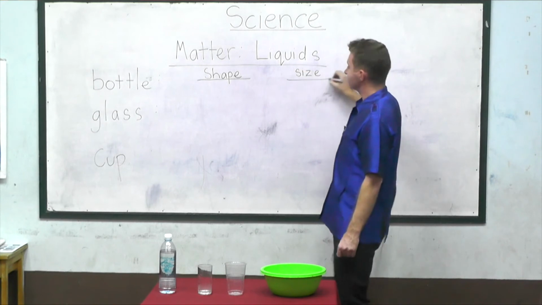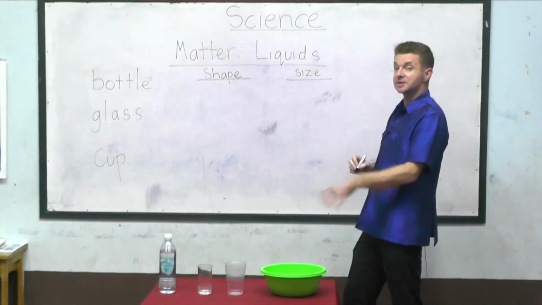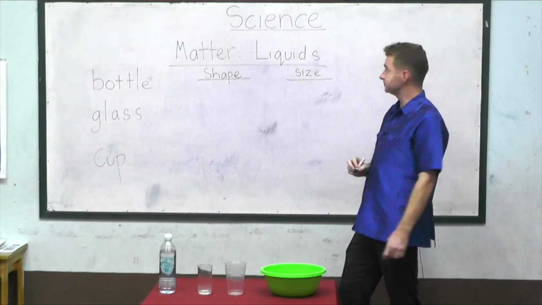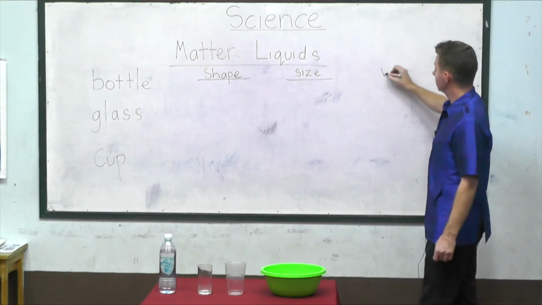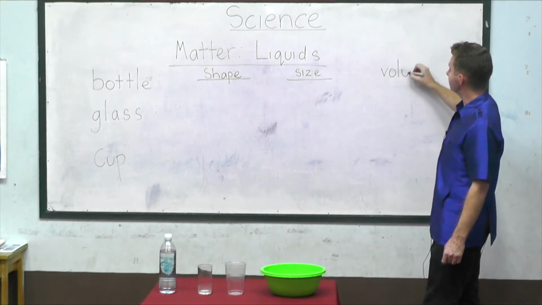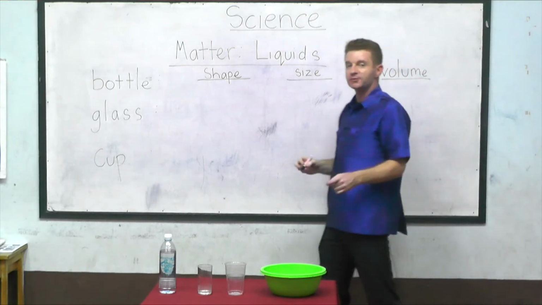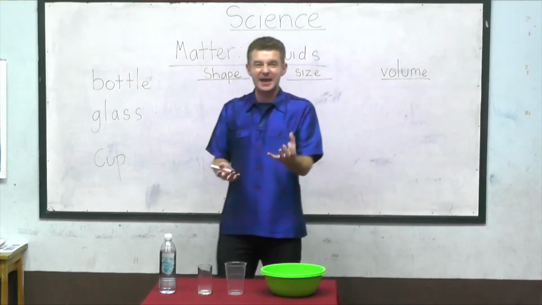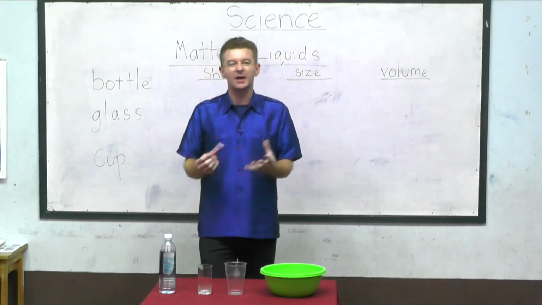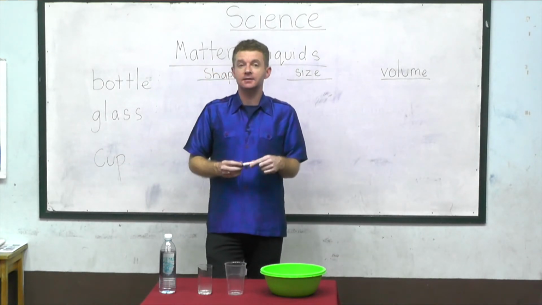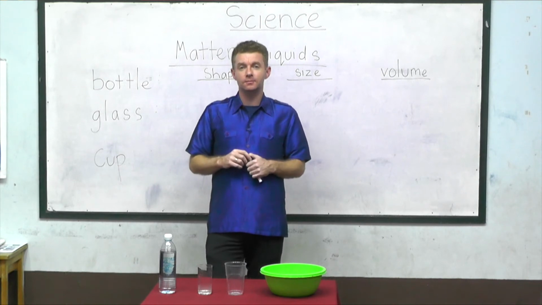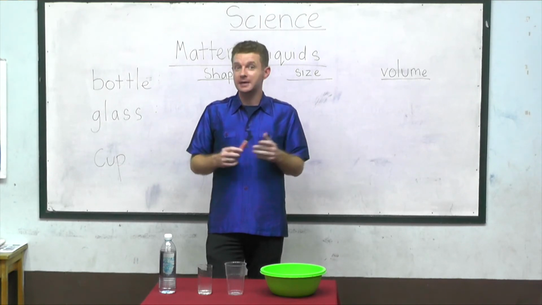We want to know if the size of the liquid will change depending on the container that it's in. And then finally, we're going to look at volume. We're going to see if our students can catch and hold the water and squeeze it. And if they can, they might be able to change the volume. But if they can't, they won't be able to.